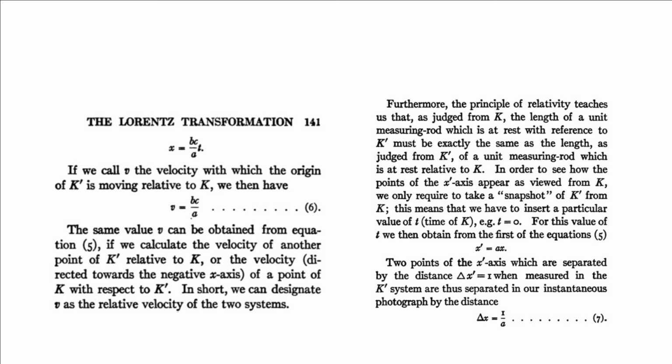This means that we have to insert a particular value of t, time of k, e.g. t equals 0. For this value of t, we then obtain from the first of the equations 5, x prime equals a times x. Two points of the x prime axis which are separated by the distance delta x prime equals 1, when measured in the k prime system, are thus separated in our instantaneous photograph by the distance delta x equals 1 over a.